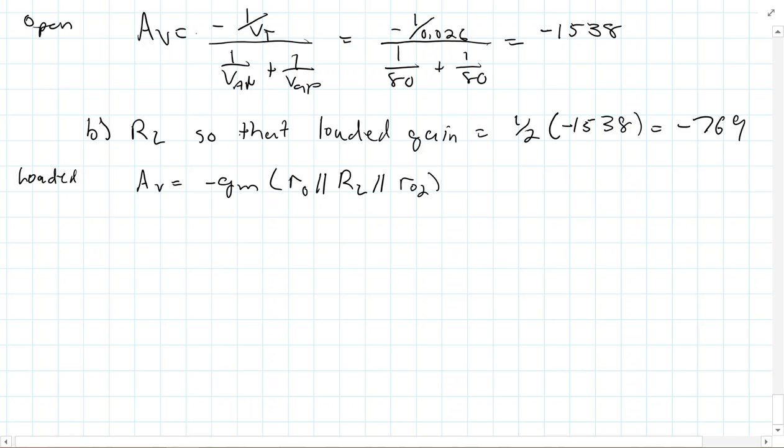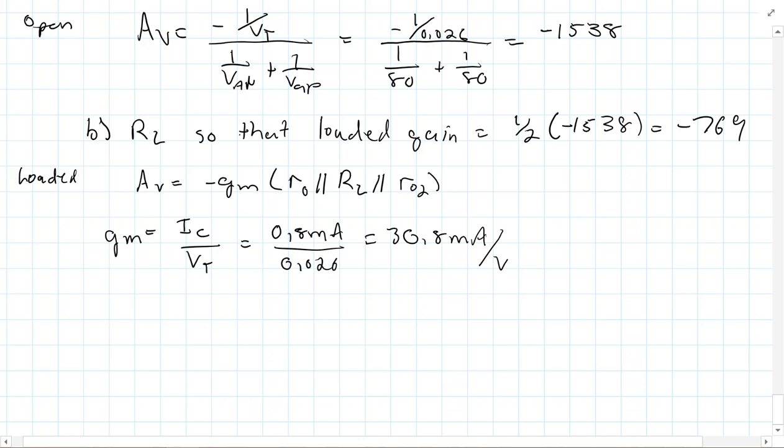GM is, of course, IC over VT, and they gave me IC of 0.8 milliamps. So we have 0.8 milliamps divided by 0.026, which gives me 30.8 milliamps per volt. Now we need to figure out RO and RO2.